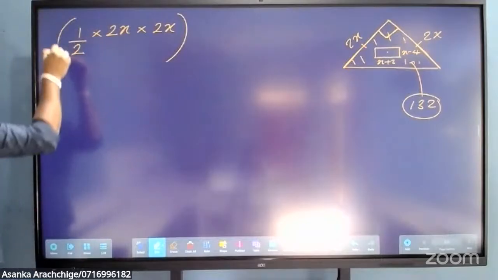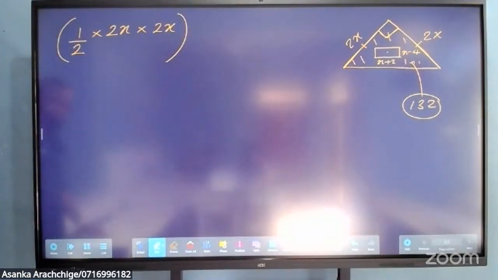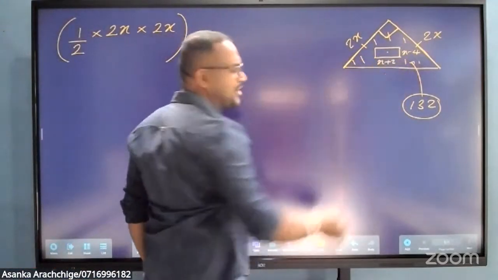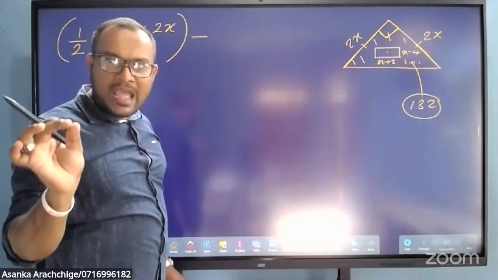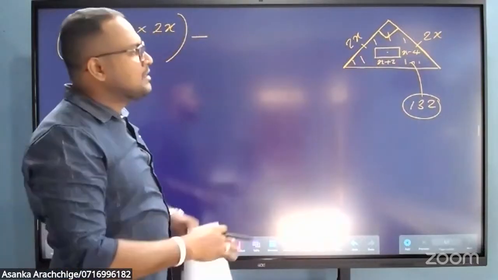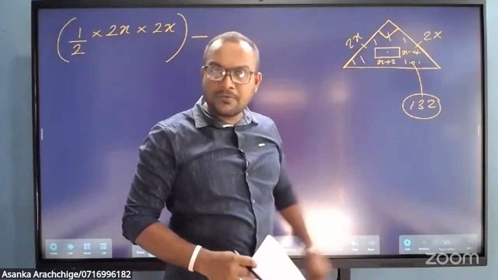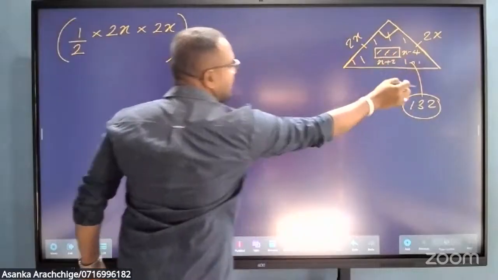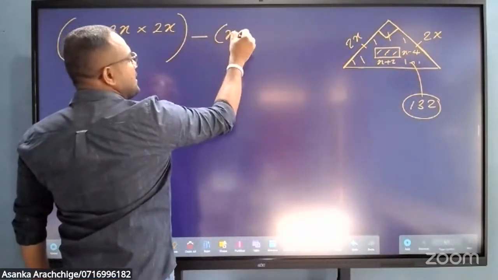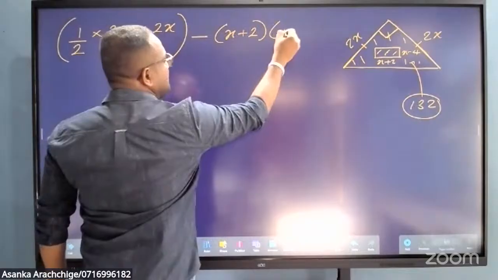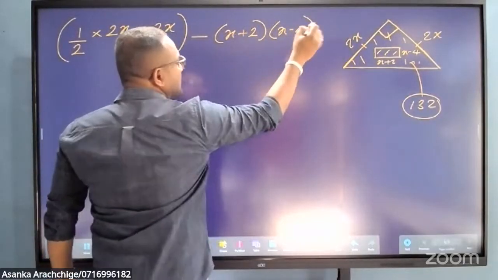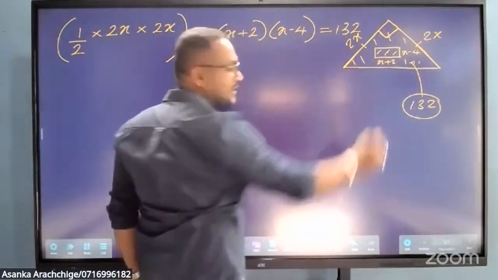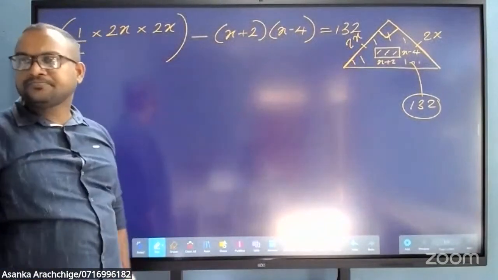When we subtract the area of this part where the words happy birthday are written, that must be equal to the area of the remaining portion. So the area of this rectangular portion is x plus 2 times x minus 4. That must be equal to 132. Clear?